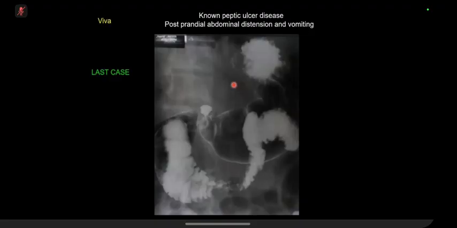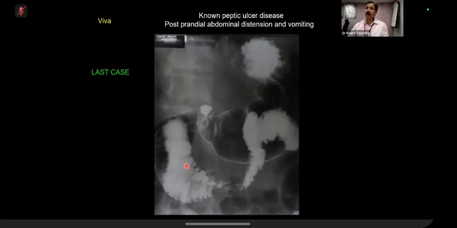There is distal passage of contrast seen, which means that there is partial obstruction, and there is a filling defect or a hypodense area overlying the narrowing. As this patient is a known peptic ulcer disease patient, it might be a lesion which is causing the transient compression.